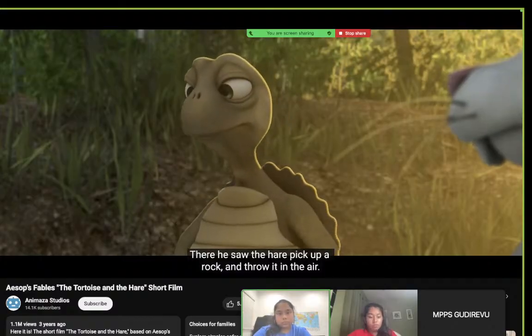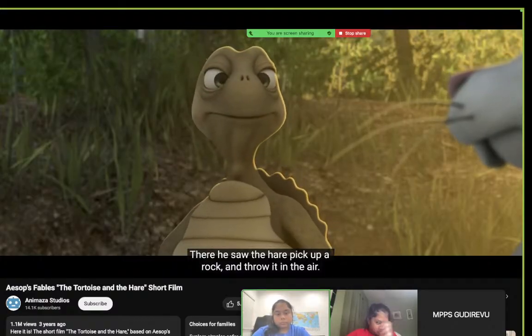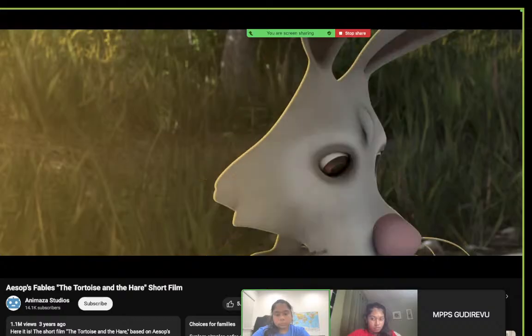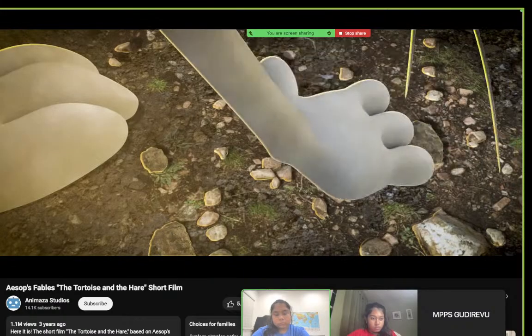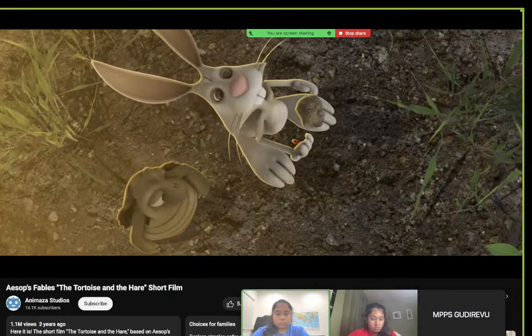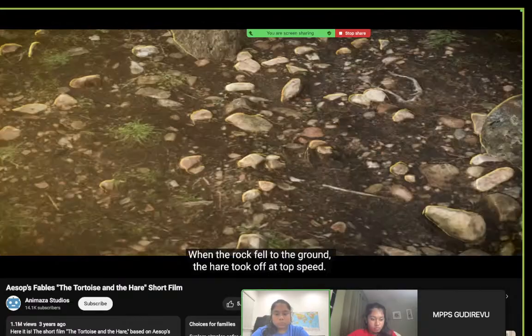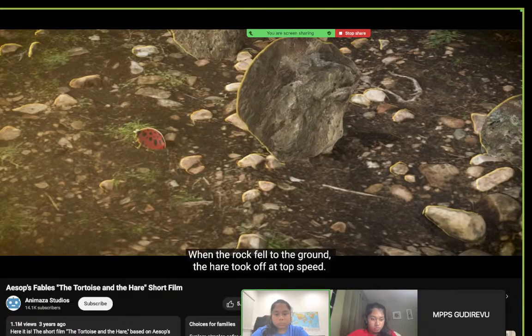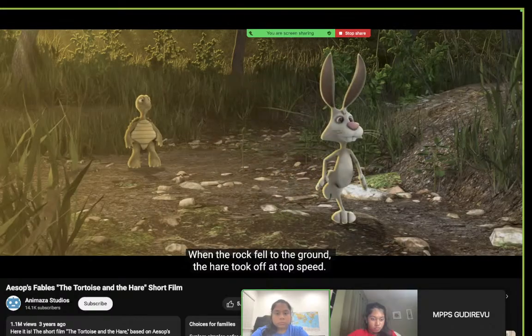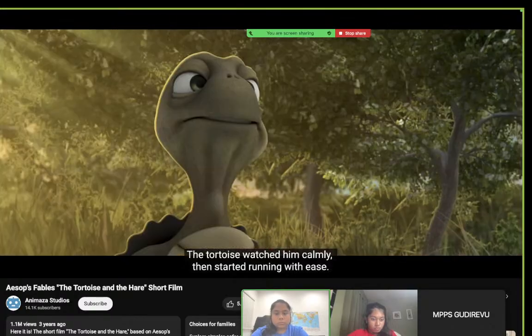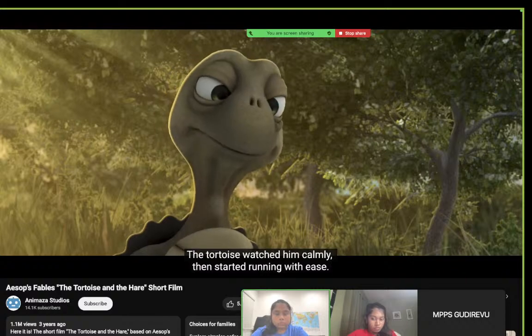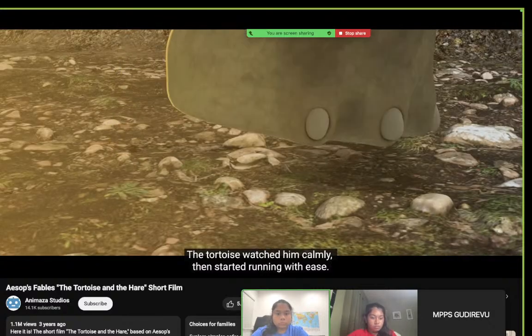There he saw the hare pick up a rock and throw it in the air. When the rock fell to the ground, the hare took off at top speed. The tortoise watched him calmly, then started running with ease.